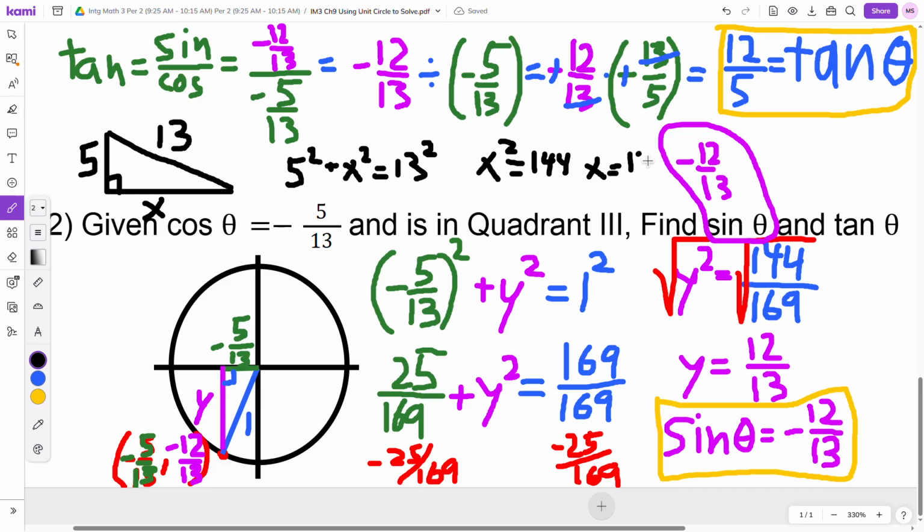The reason this might be better is that once we know x is 12, it's really easy to take the tangent. It's just opposite over adjacent. If theta is here, then opposite over adjacent is x over 5, so in this case 12 over 5. And you can see that the other values are still valid.